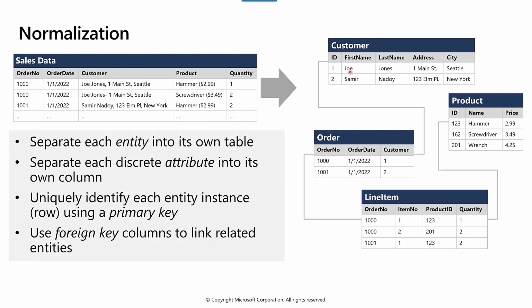Based on the discrete attribute, order number or ID, you separate these things, okay? And then you create the primary key, foreign key columns to link the different entities. Your primary key is ID, and it is acting as a foreign key over here, right? It's a pretty straightforward concept. I'm just skimming it over this one.